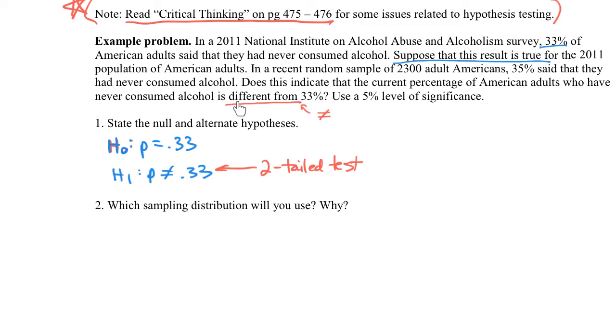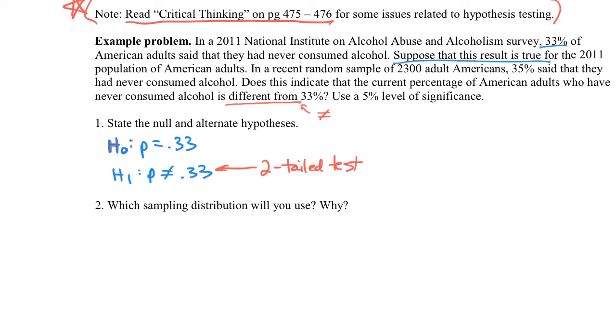That makes it not equal to. So every time you see a question about proportions, don't think it's a two-tailed test. It's only two-tailed if it says different from. It can be a two-tailed test of the mean also. If you do the homework problems, you'll be okay with this because there are two-tailed tests in 8.1 and 8.2 also. But the key is it says different from, so that's why we have not equal to.